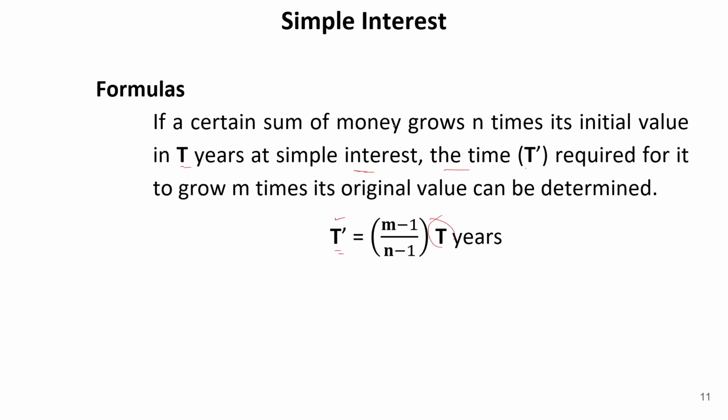If a certain sum of money grows n times its initial value in T years at simple interest, then the time T dash required for it to grow m times its original value can be determined via T dash is equal to m minus 1 whole by n minus 1 into T years.